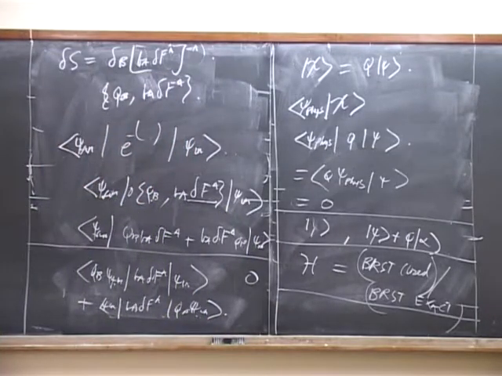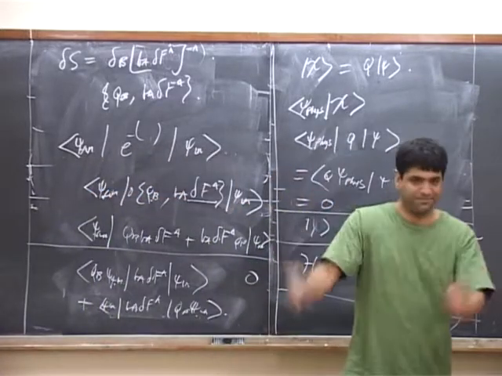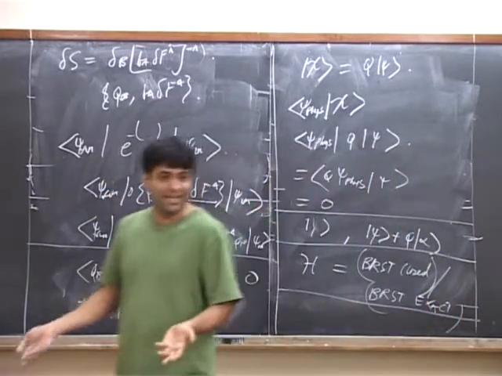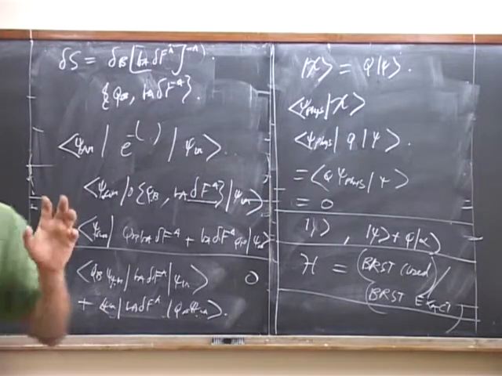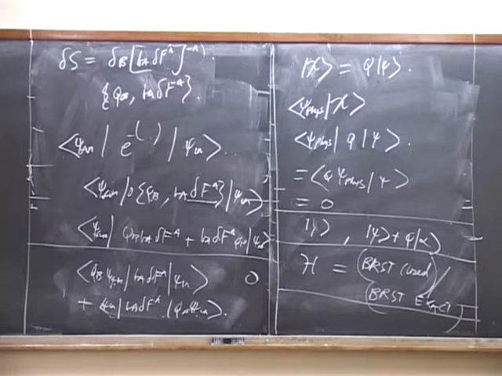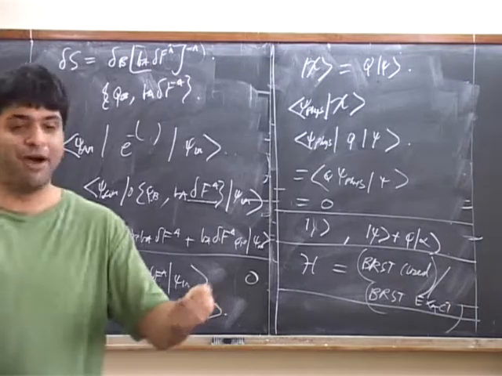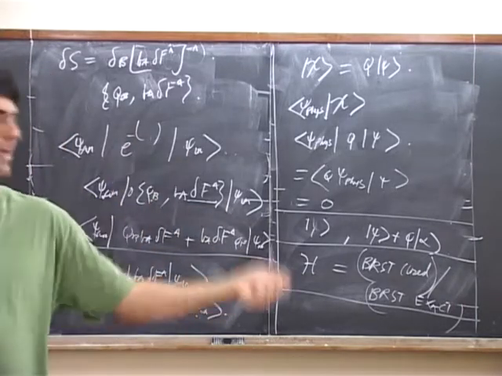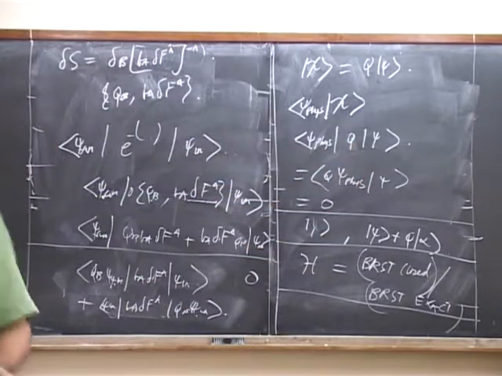There is a completely analogous statement for operators. Remember that we wanted an operator to commute with the BRST charge. There's a very simple way of arranging that. Namely, choose the operator to be the commutator of some operator with the BRST charge. But two operators that differ by such a commutator give identical matrix elements, because the Q on one side kills the first state and Q on the other side kills the second state.